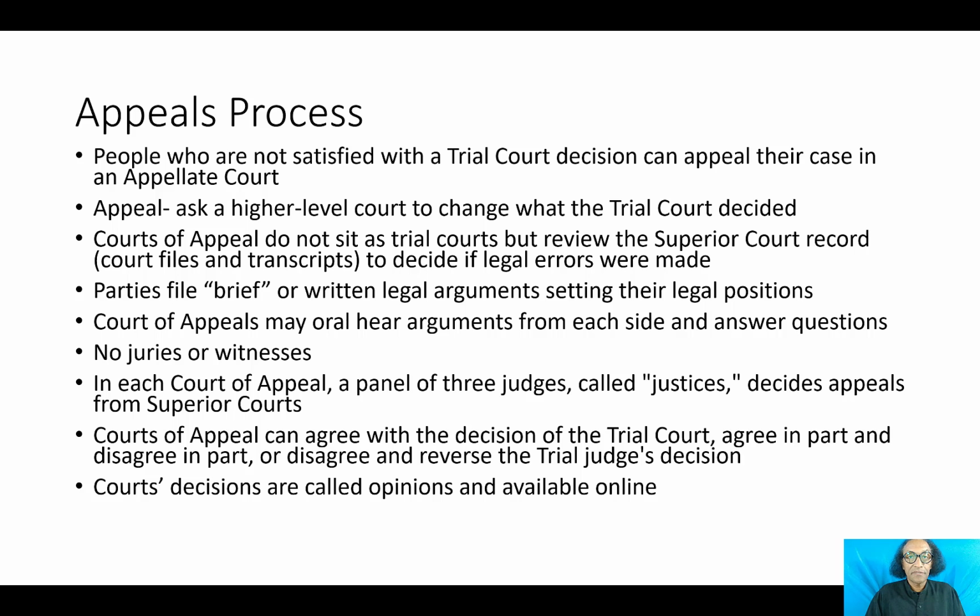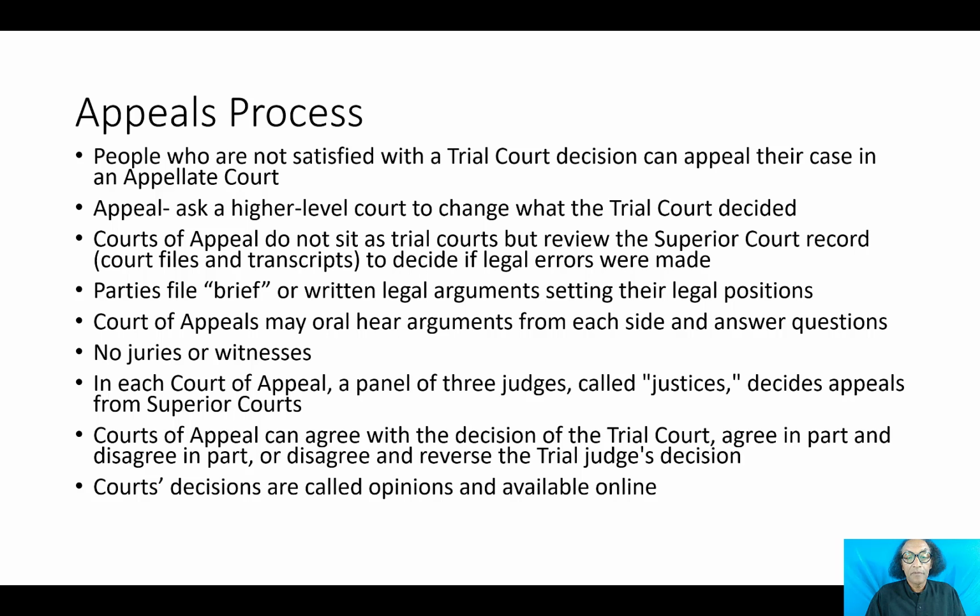If it's a criminal case and the person is convicted, the person can seek appellate court review of that conviction, alleging oftentimes an error of law, some allegation that the person was denied due process in the trial court. For instance, evidence was admitted that should not have been admitted, or the person was denied a particular right, such as, for instance, a person was denied effective assistance of counsel.